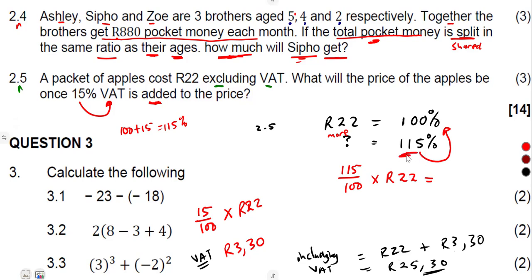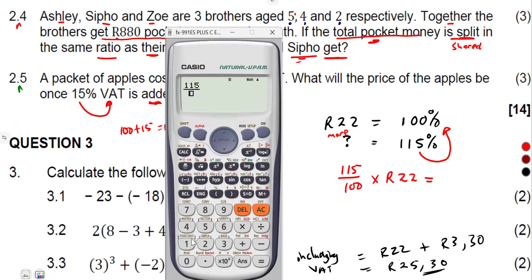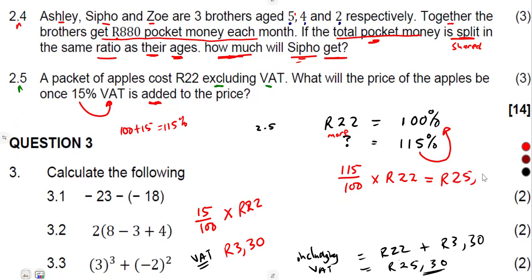But on the previous one, we calculated 15% separately, so we had to add that to the actual cost price at 100%. But on this one, we are not going to add anything. The value that we obtain here is our answer. 115 over 100 times 22. That is going to give us 25.30, the same as the previous part.